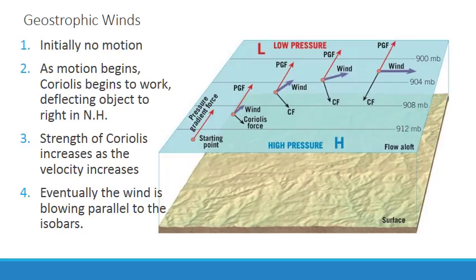But nevertheless, the geostrophic model offers a very good estimate of the actual winds aloft. By measuring the pressure field, the orientation and the spacing of the isobars aloft, meteorologists can determine both wind direction and speed.